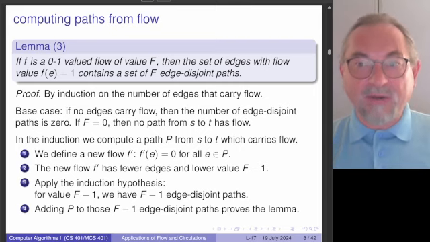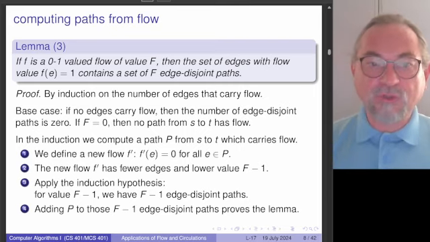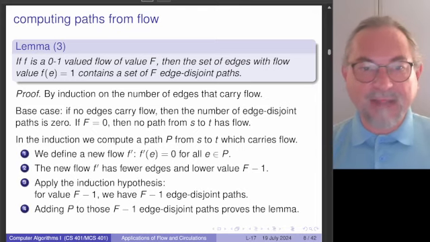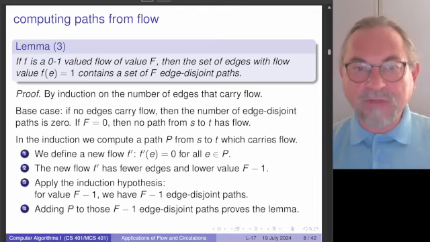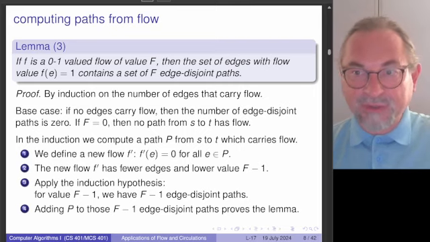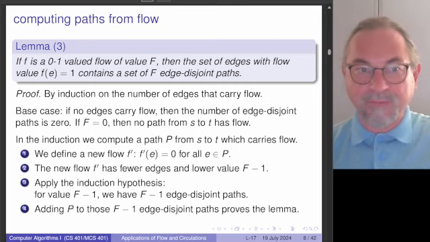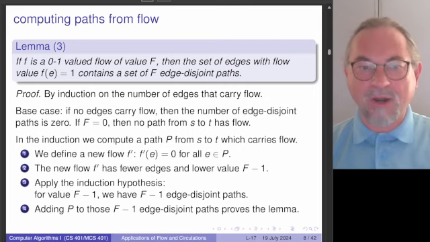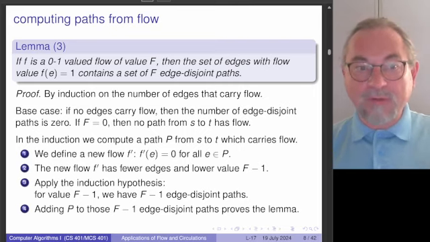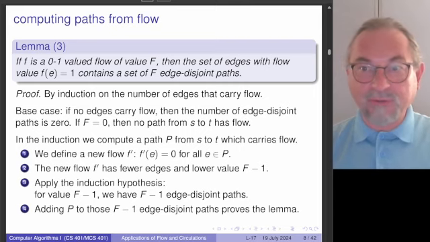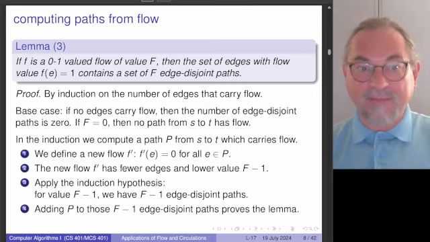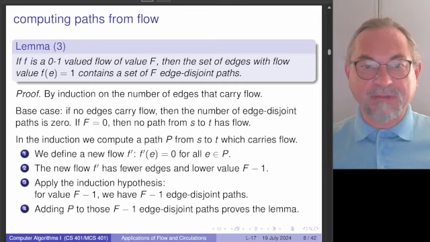Okay, so we will now compute a path from source to sink and define a new flow. So on our path, we will actually reduce the flow. So we will go from the flow f to the flow f prime. So the new flow has actually fewer edges that carry flow, and actually also a lower value, capital F minus 1. So we have subtracted one path. And then actually we can apply the induction hypothesis.